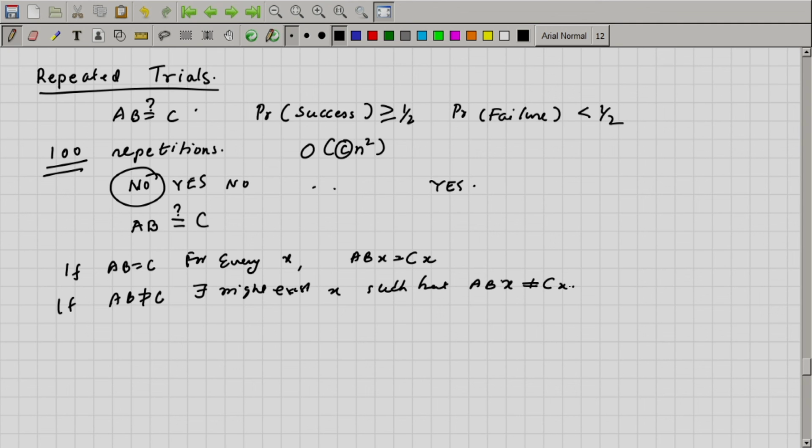So, if the algorithm says no, that means the algorithm has found some x such that ABx is not equal to Cx.